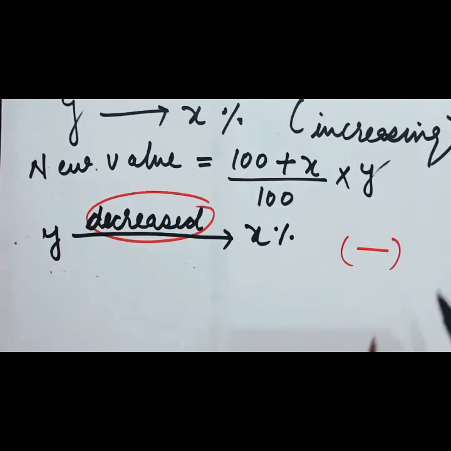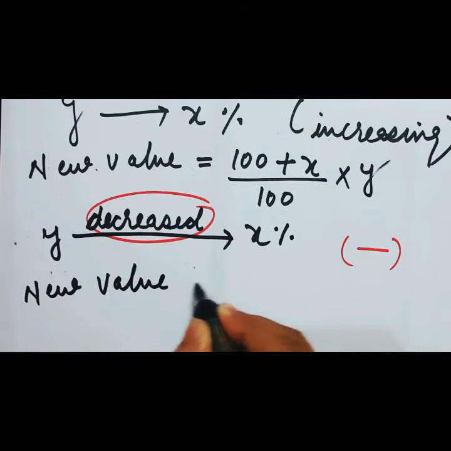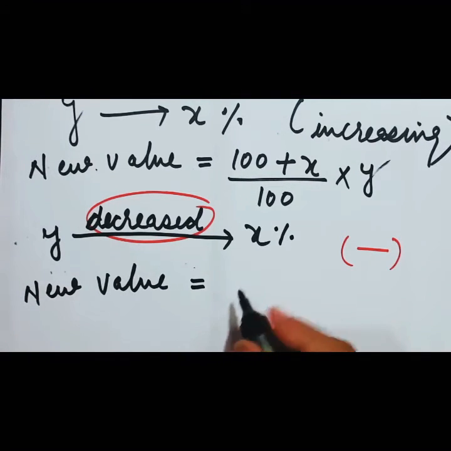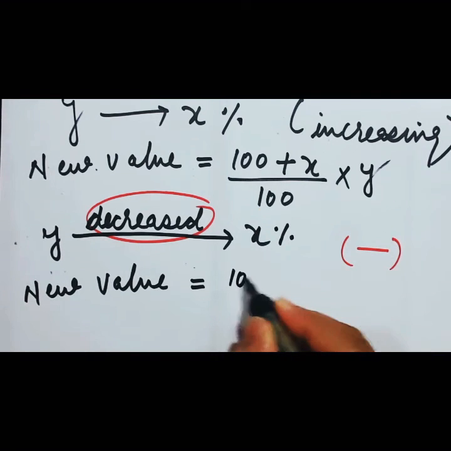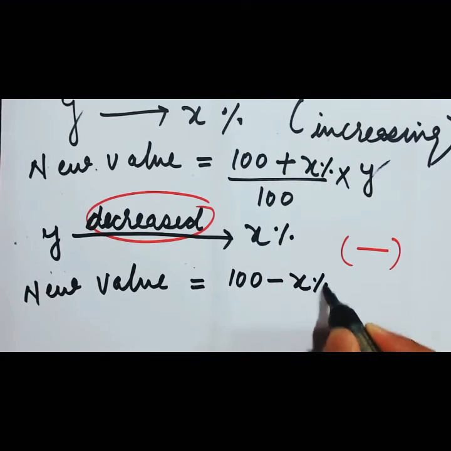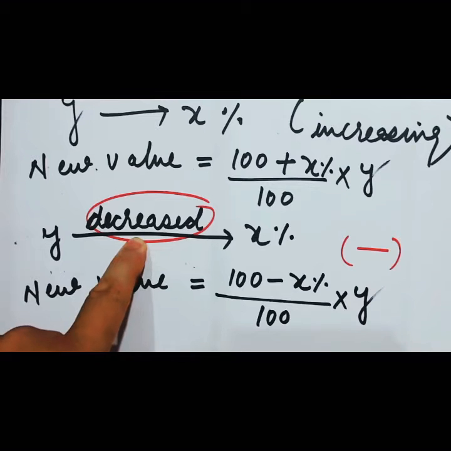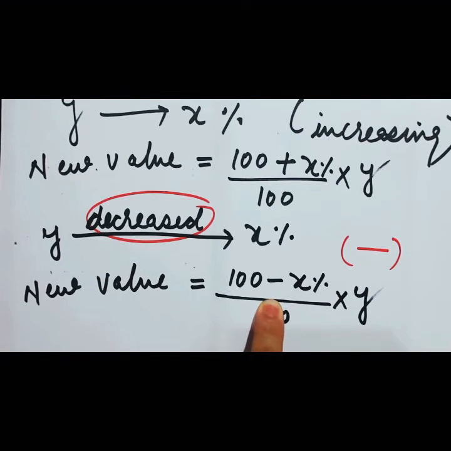So our new value will be equal to the same formula, 100 minus x percent, divided by 100 into y. So when we have a decreased value, in the original formula we need to put a minus sign.